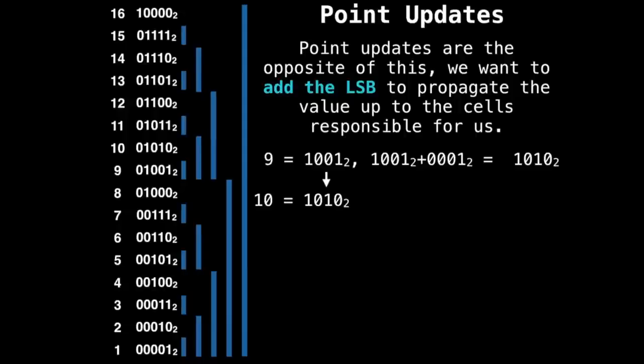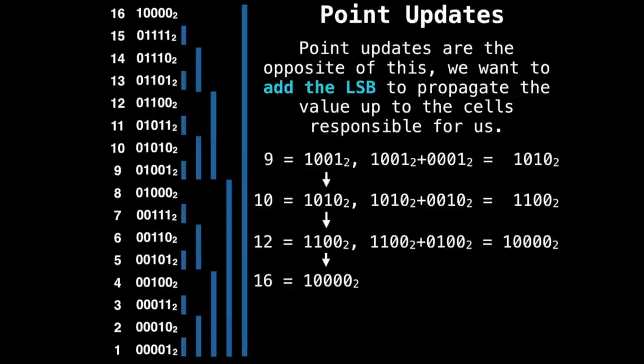So at 10, the least significant bit has a value of 2, and we add it to 10. Then find the least significant bit of 12 and add it to 12. That was 4, so now we're at 16. Then we would do the same thing, and then we're out of bounds, so we would know to stop.